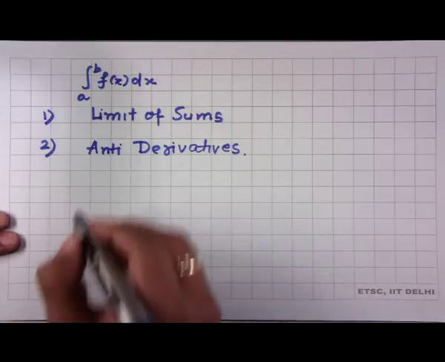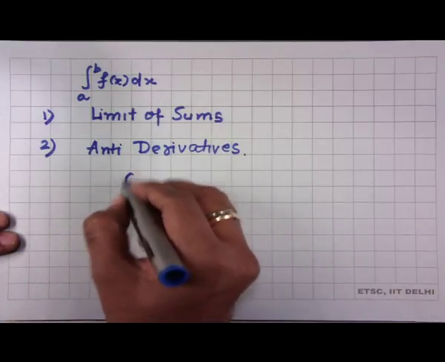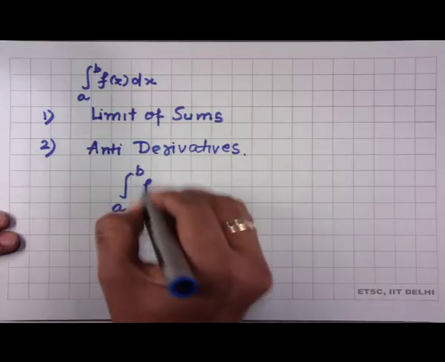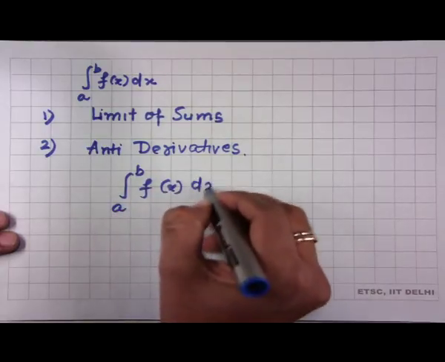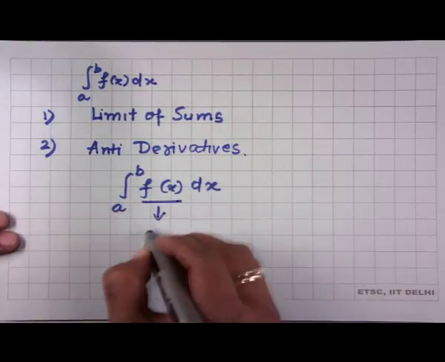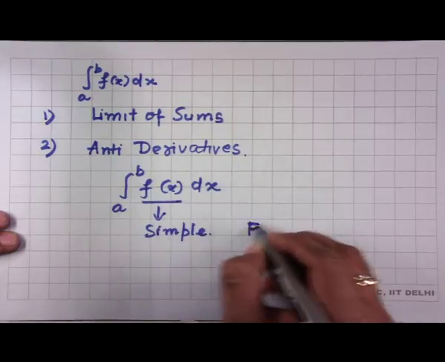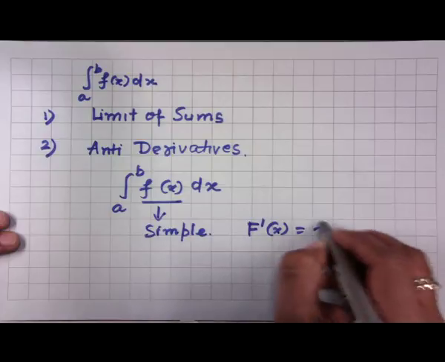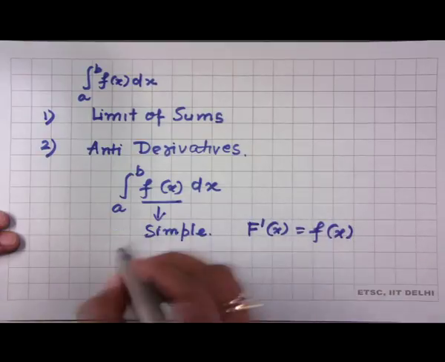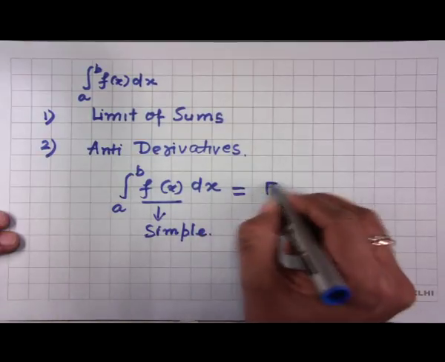We have seen that there are definite integrals whose integrand is very simple, so that an antiderivative of small f(x) exists, and therefore you can write the value in this form.